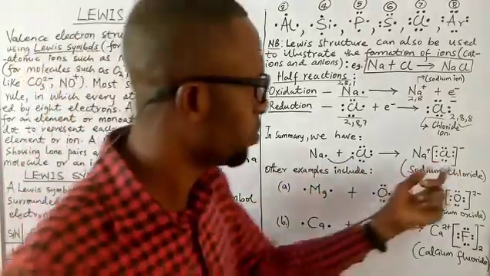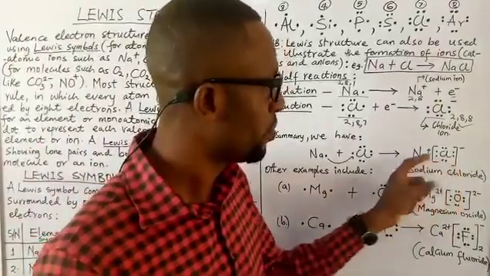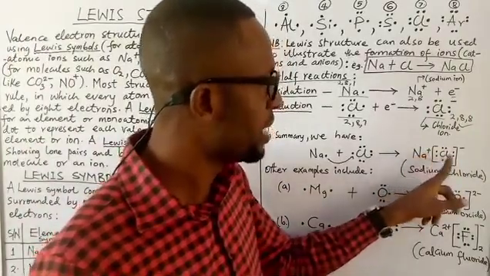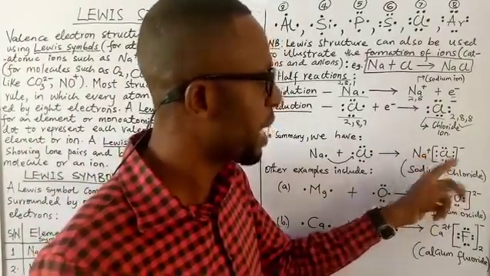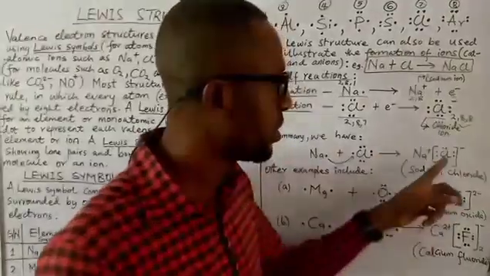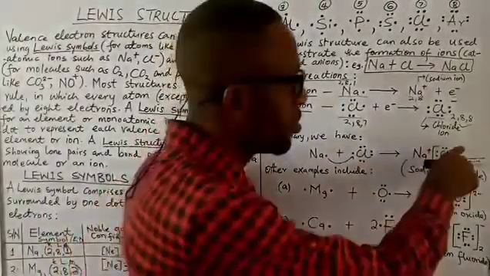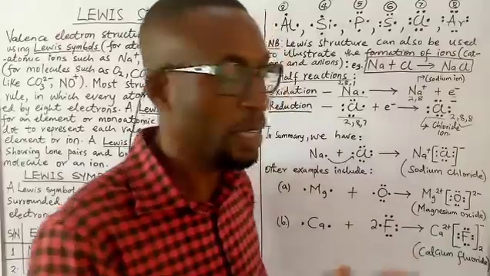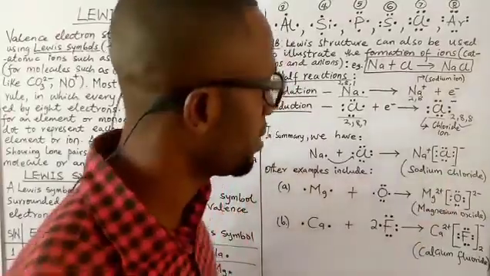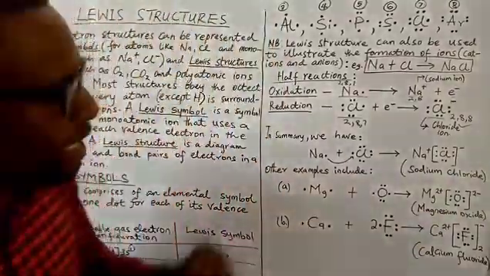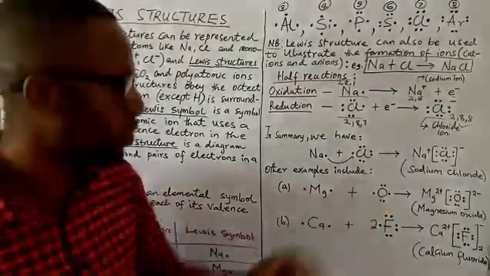All right, so that sodium has a plus charge, while the chlorine, which accepted one extra electron, is now placed in square brackets, showing the net negative charge. And that is how to depict the Lewis structure of sodium chloride.